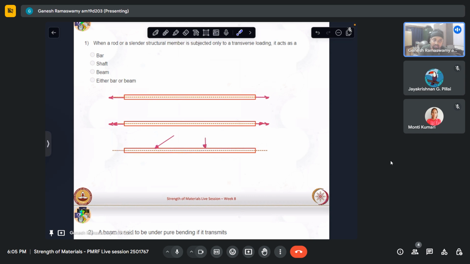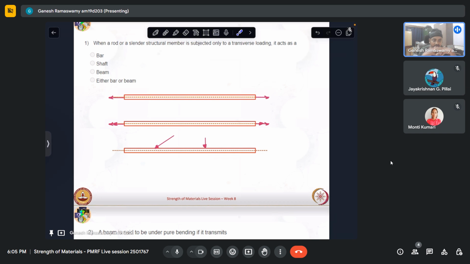So when it is transverse to the axis of the member, it behaves as a beam, which implies that it bends. A member subjected to inclined forces like this will have axial pull as well as transverse loading, in which case we club the behaviors.